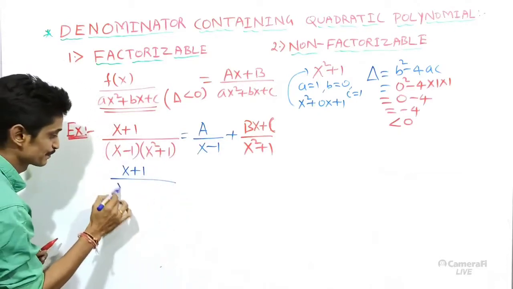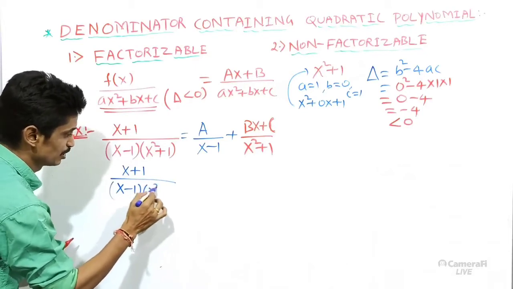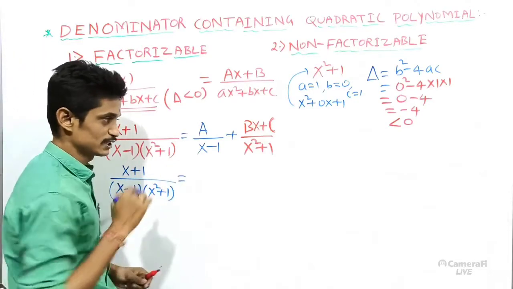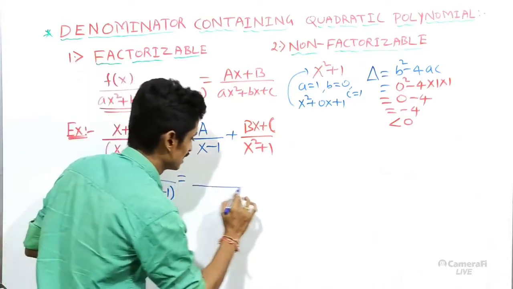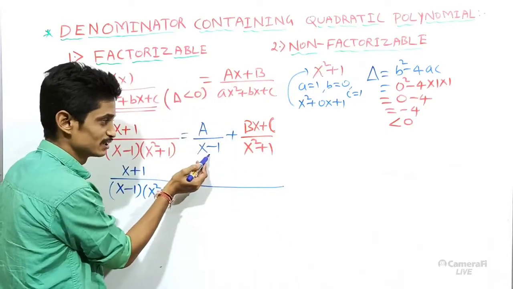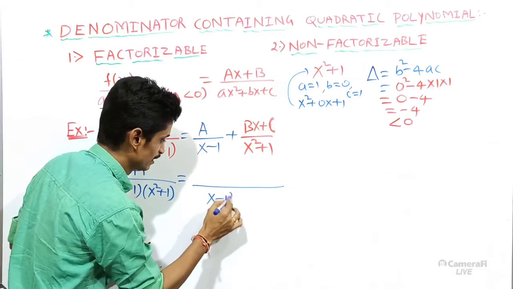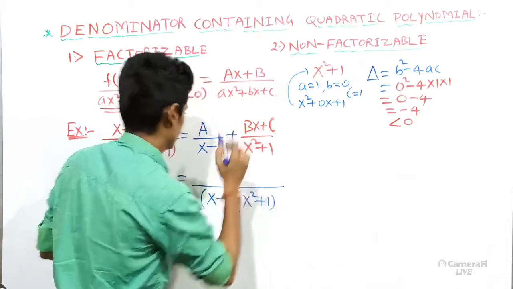Point to be noted: x plus 1 divided by x minus 1 into x square plus 1. Clear? RHS side, as usual we should take the LCM. This factor and this factor are both different. So we write x minus 1 into x square plus 1.